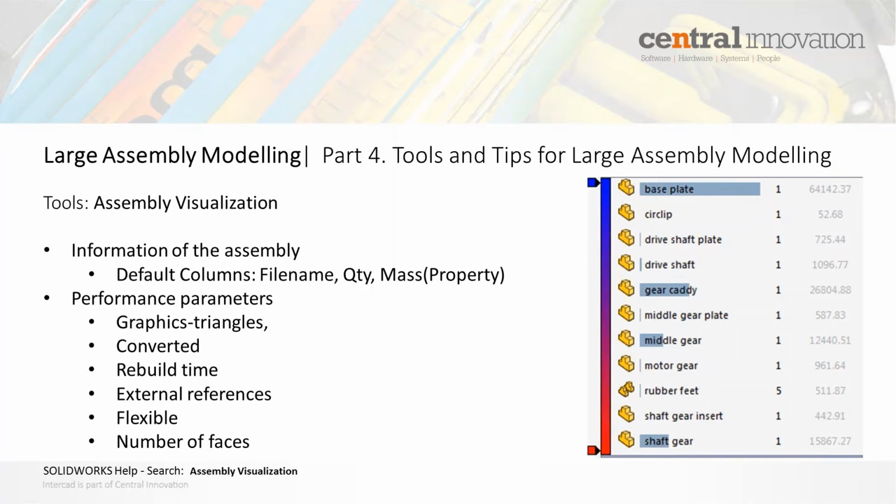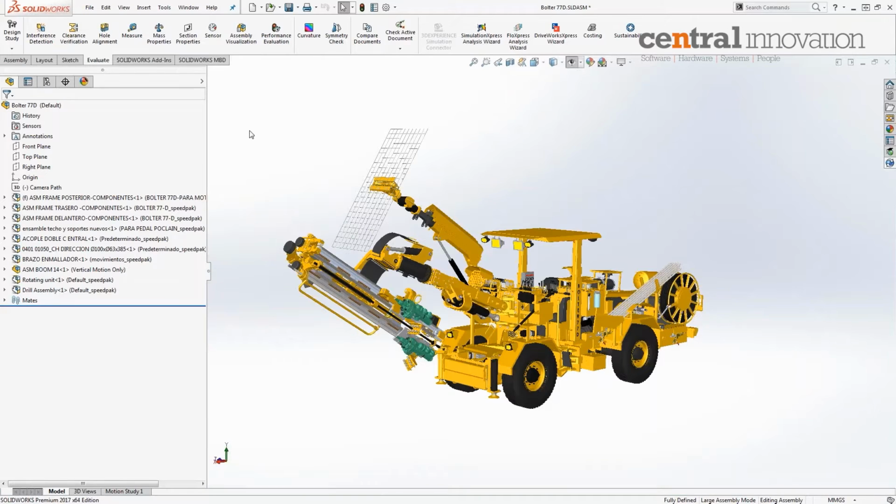There's also some other information we can show as well, but I haven't listed it all there. So what I'm going to do is go back to the assembly, and I'm going to launch the assembly visualization tool from the toolbar.